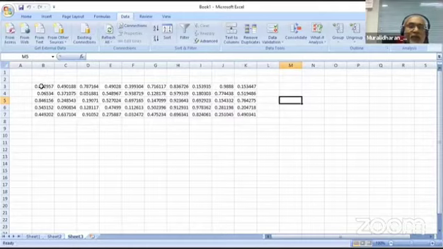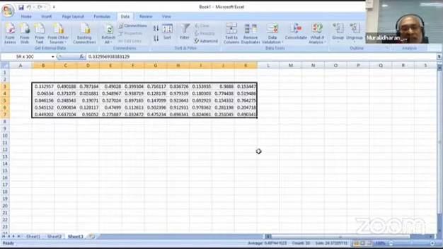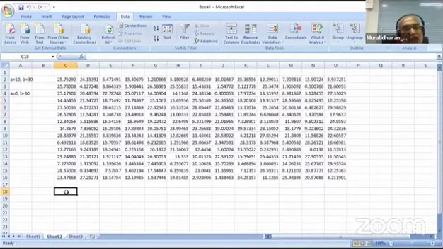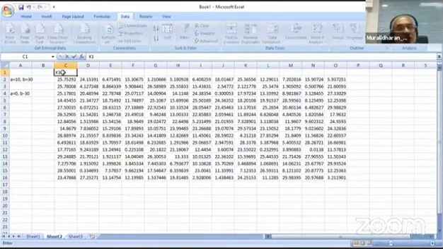Now you see, these random numbers will change for any action, whatever I do. For example, going back to the previous sheet, so even here, I can call this my first random variable.